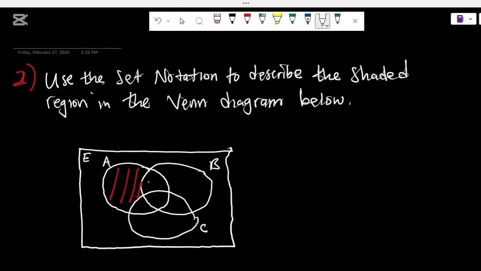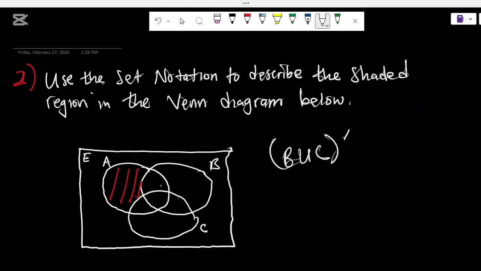You notice that it excludes both set B and set C. So because we are excluding set B and set C, you can quickly see that B union C here is having a complement because we are not including these when we are trying to shade.